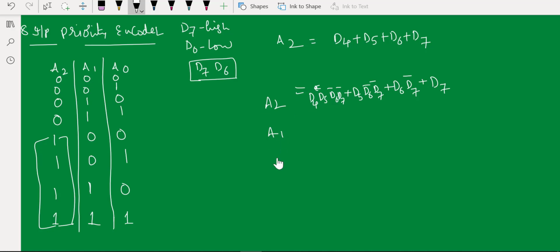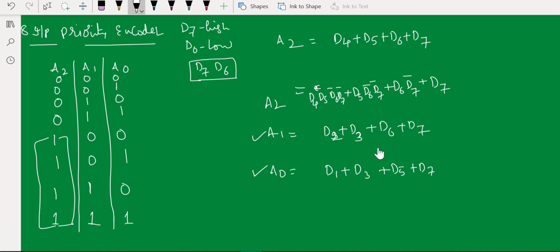Similarly, we can write for A1 and A0 also. For A1, you have to consider D2, D3, D6 and D7. For A0 you have to consider D1, D3, D5 and D7. The only thing is, wherever you have a particular data bit, the other data bits should be in complementary form.